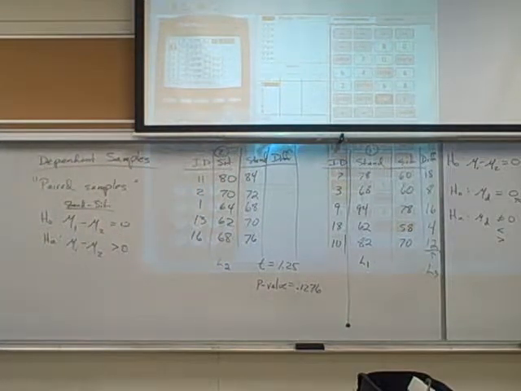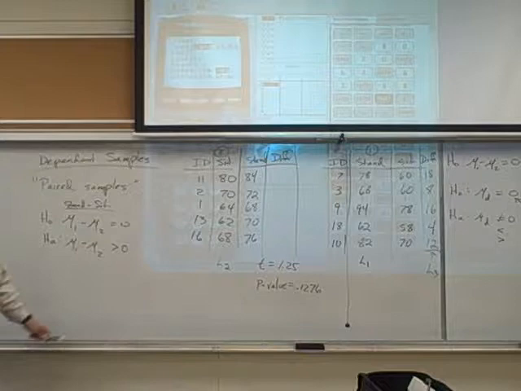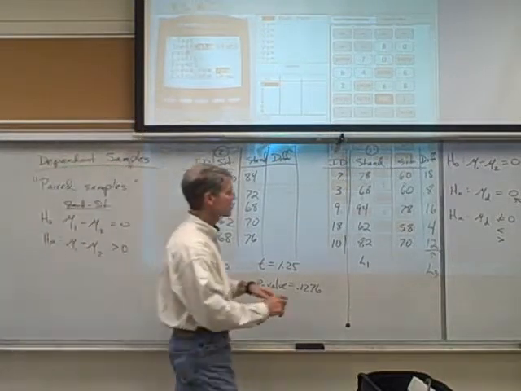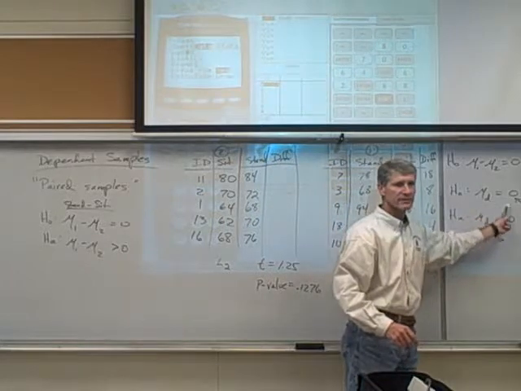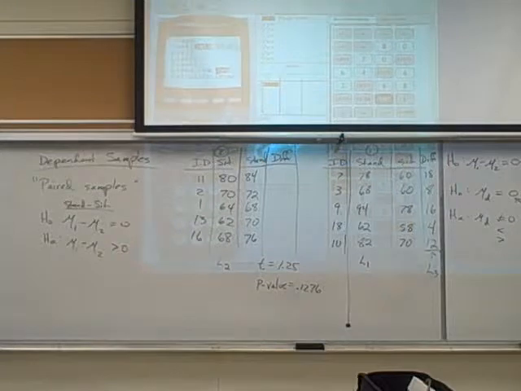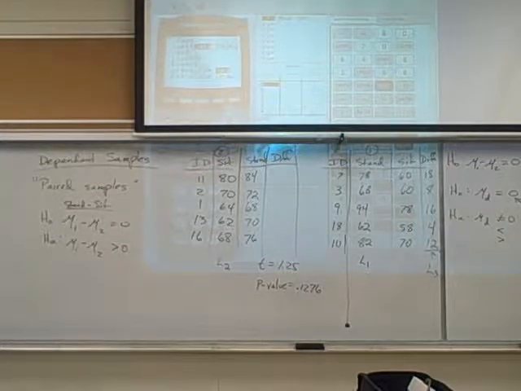So just go down to T-test, tell it you have data. What is mu sub 0? 0. Here's our null hypothesis, right? So this is mu sub 0. I need to change it. Mine says 18. I need to make that a 0. Then I need to tell it that my data is in L3.